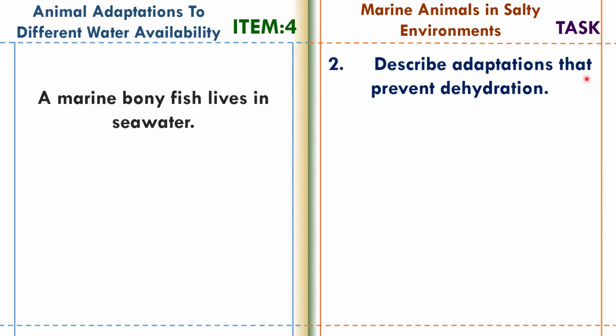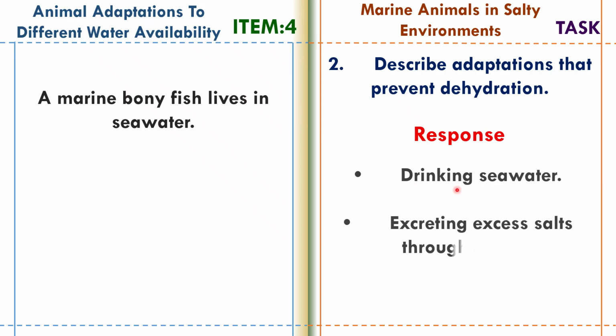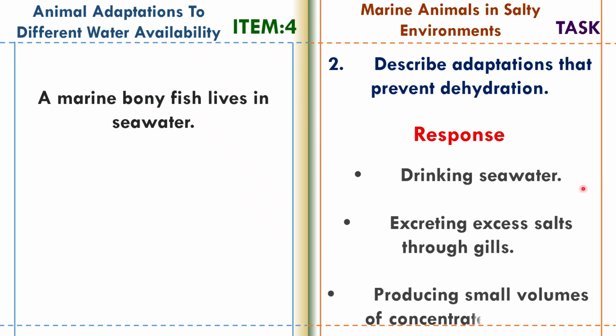Describe adaptations that prevent dehydration: drinking seawater, excreting excess salts through gills, and producing small volume of concentrated urine.